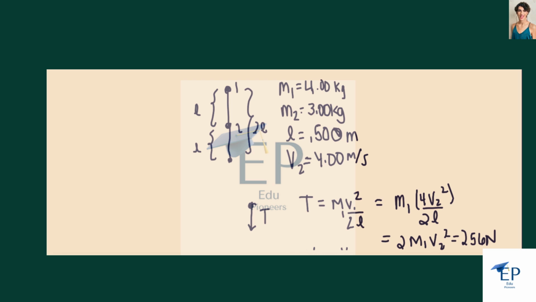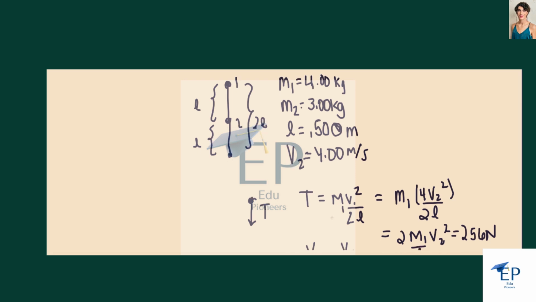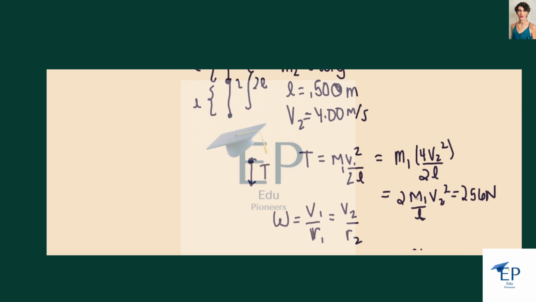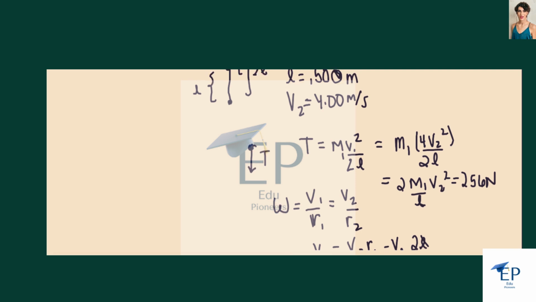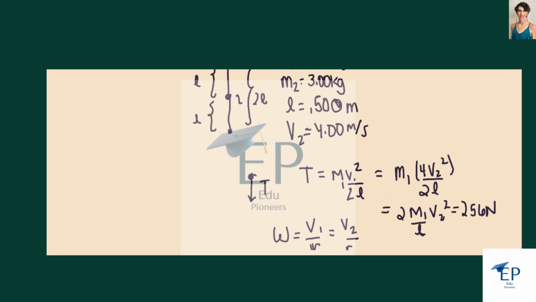So 2 times 4 is 8, and 8 times 16, divided by L is 0.5. So I think I do stand by my answer for now, but I'll keep my doubts in mind.